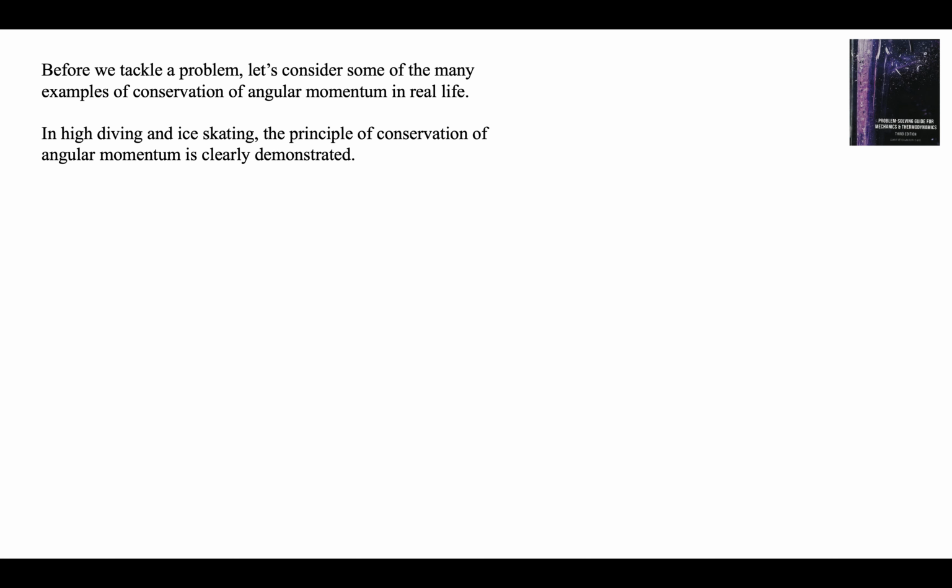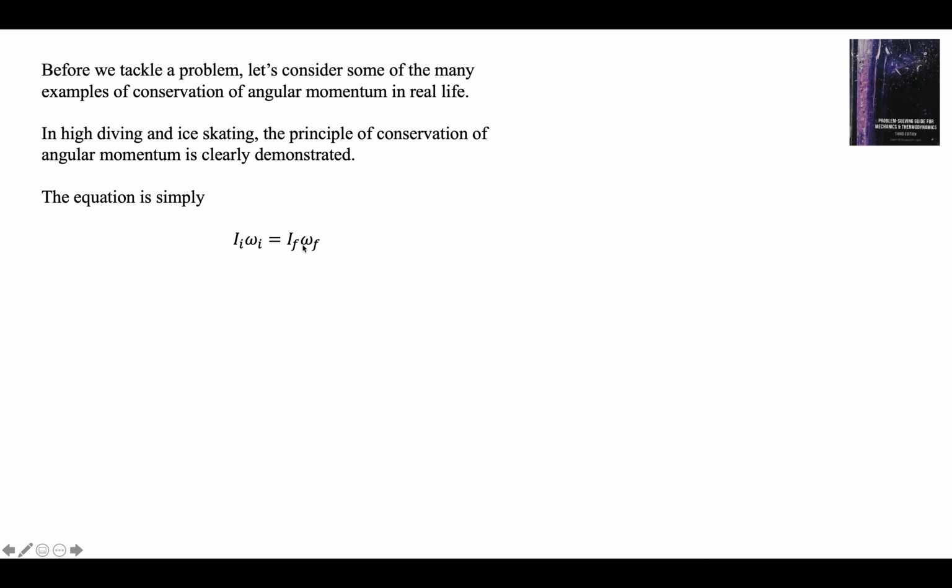So before we tackle a problem in angular momentum, let's consider some of the many examples of conservation of angular momentum in real life. High diving and skating, we just had the Olympics this year. Also gymnastics. The principle of conservation of angular momentum is clearly demonstrated. The equation that's relevant here is I initial omega initial equals I final omega final.